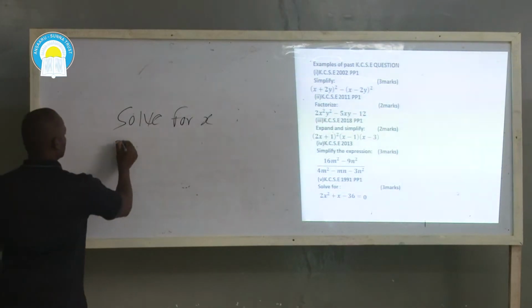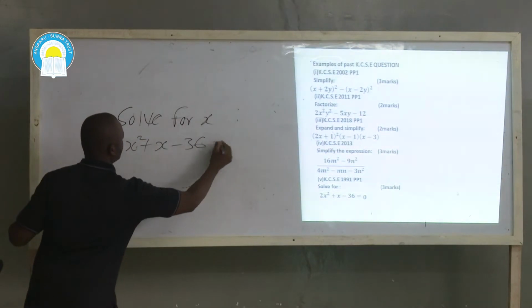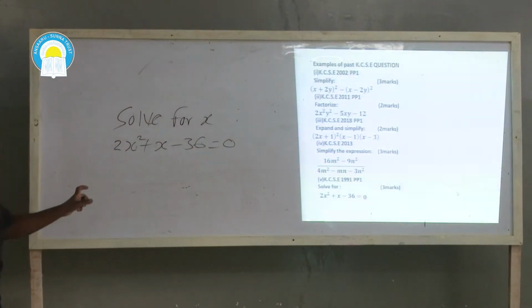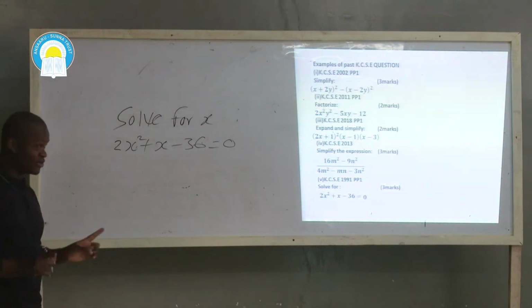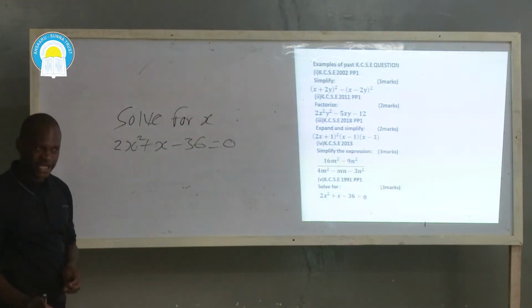Then you are given that. Meaning what? Now I am dealing with what? An equation. Are we together? So you only solve an equation. You don't solve an expression. So I hope now we are okay with the difference between an expression and an equation.